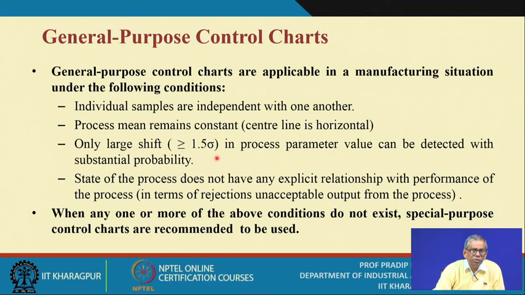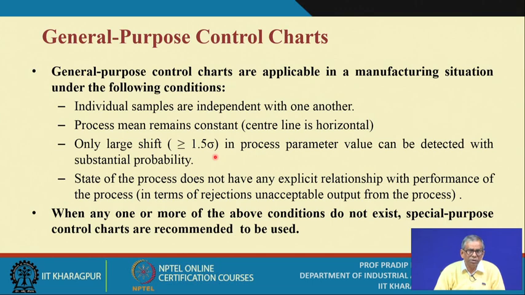If the process standard deviation is assumed to be sigma, the shift we sometimes define as a shift with magnitude 1.5 sigma or greater, maybe 2 sigma, maybe 3 sigma. So always the shift in the process parameter is defined in terms of sigma. So only a large shift in process parameter value can be detected with substantial probability.